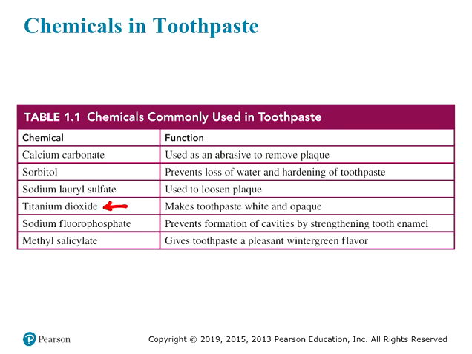Sodium fluorophosphate prevents the formation of cavities, and you might notice the word fluoro. That's very similar to fluoride. So the fluoride in toothpaste helps to prevent cavities. It also strengthens your teeth. And then the last one that's listed is methyl salicylate, and that's what gives toothpaste a wintergreen flavor.